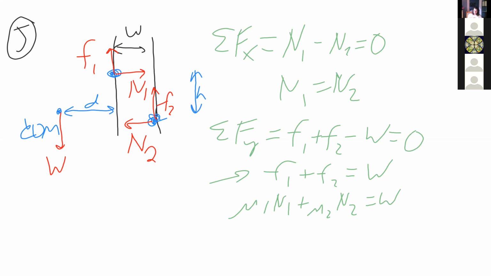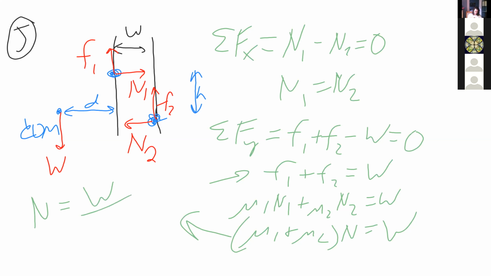Since n1 is equal to n2, this means that mu1 plus mu2 times whatever the normal force is would be equal to the weight. The only unknown here is just the normal force. So we have that the normal force is equal to the weight over mu1 plus mu2.